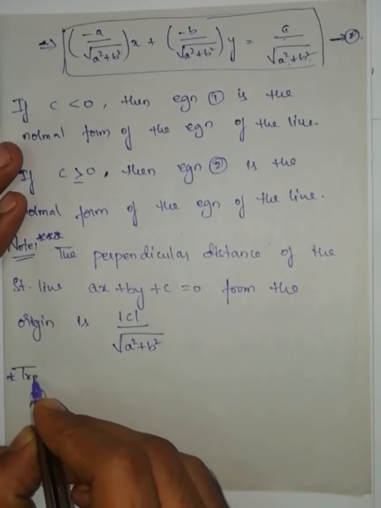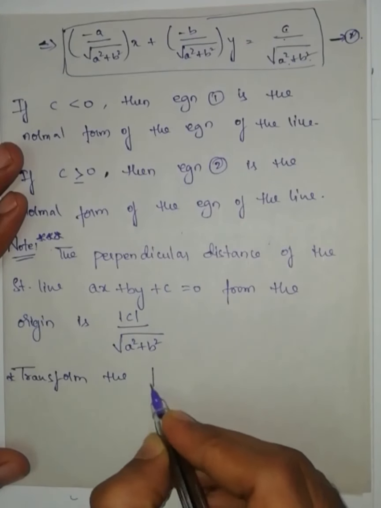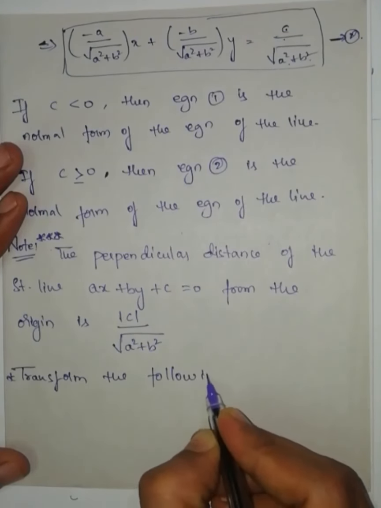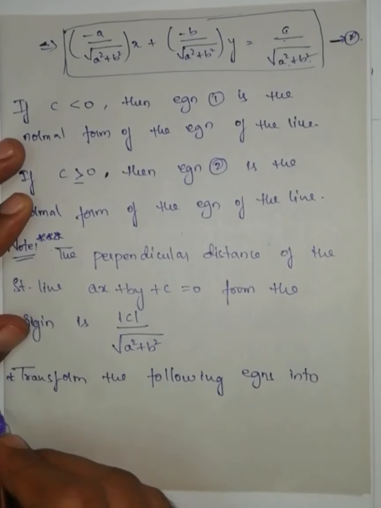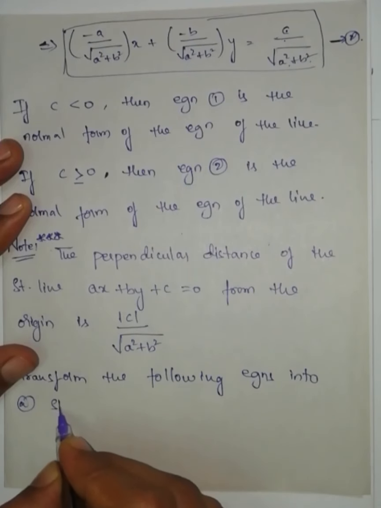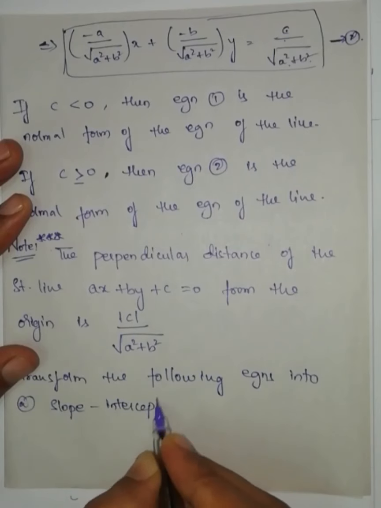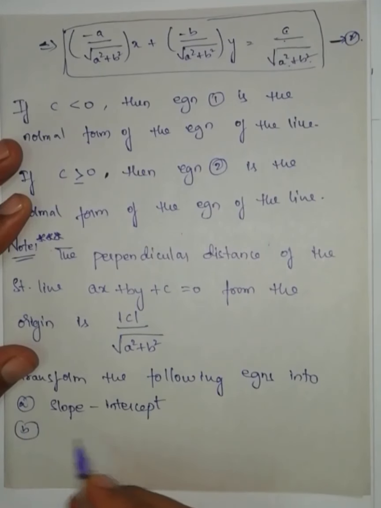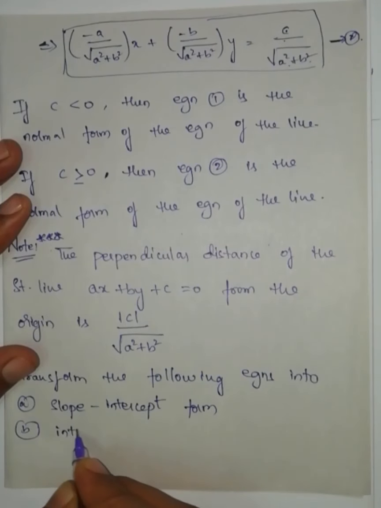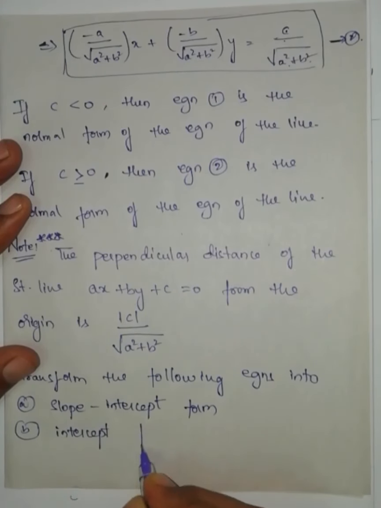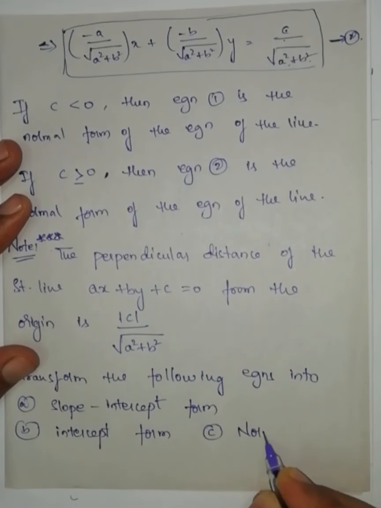Problem: transform the following equations into, first one, slope intercept form, second one, intercept form, and the third one, normal form.